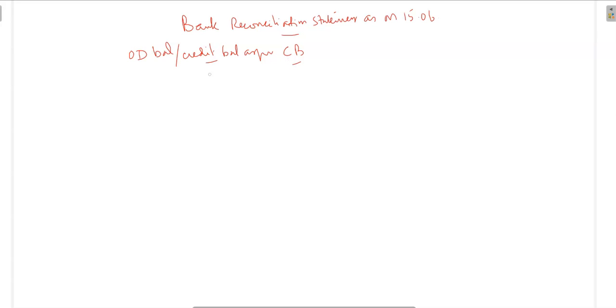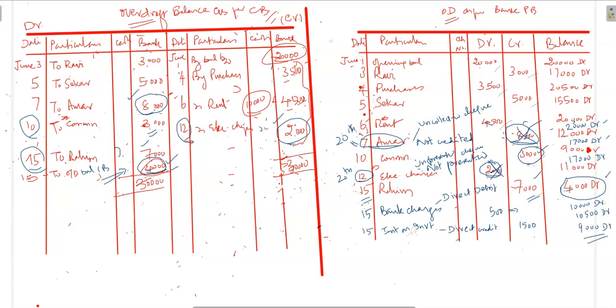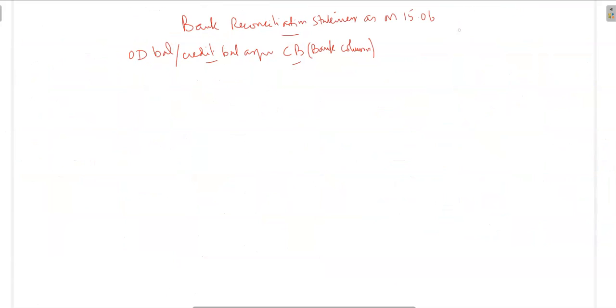If it is credit balance, it means it is OD balance as per cash book bank column, which is rupees 20,000.